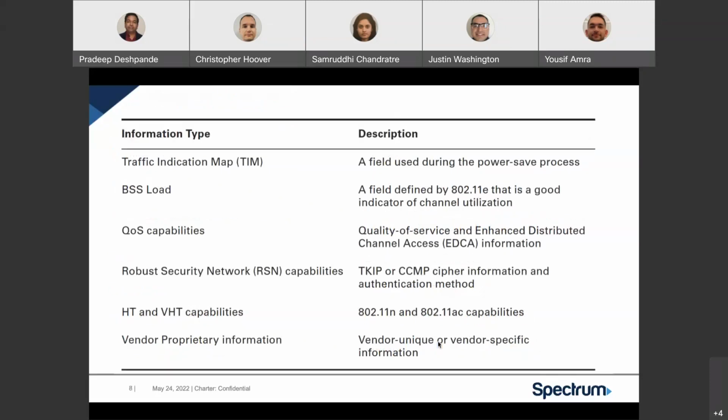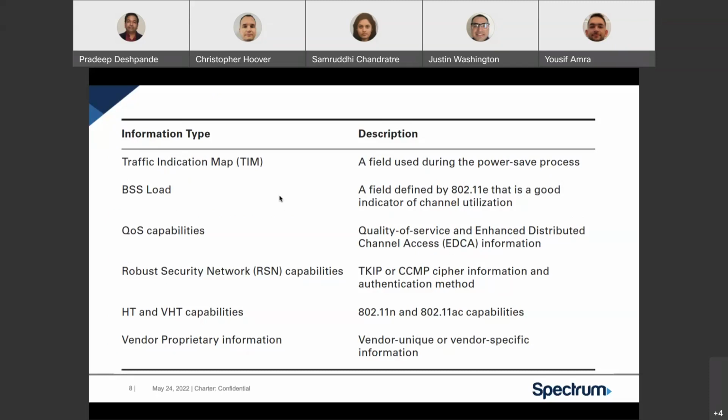Traffic indication map. This field is used during the power saving process. Let's say my phone is trying to connect to the access point. Okay, the access point is busy responding back. Then what the phone will do is go into sleep mode, for a fraction of a second. Even milliseconds still count a lot for handheld devices operating on batteries.